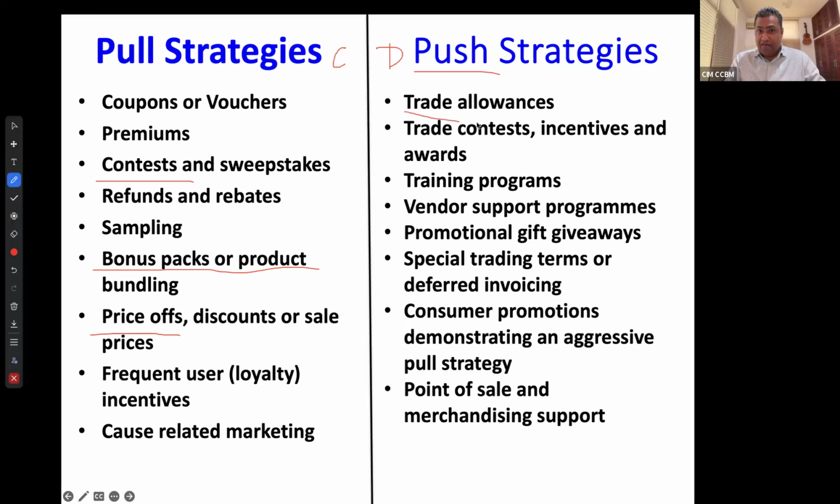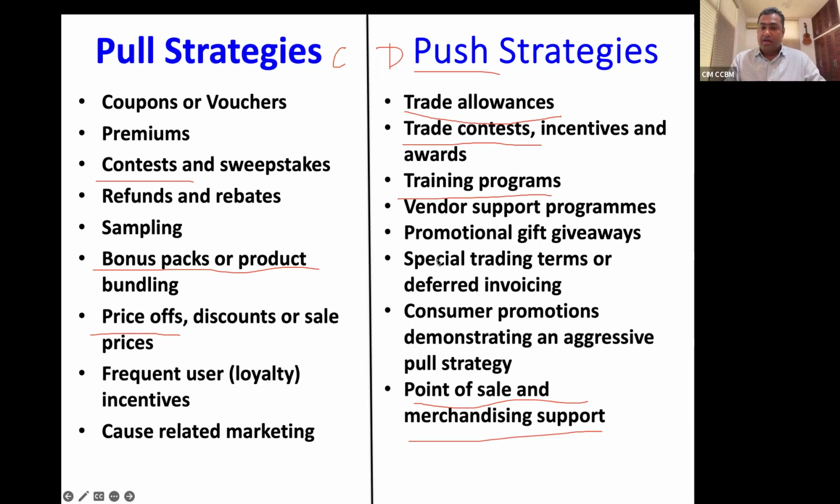So you can have trade discounts, trade contests, best deal awards, training programs, right? You can give them an air ticket for the best dealer. You can give them point of sale merchandising support. You can do special trading terms.